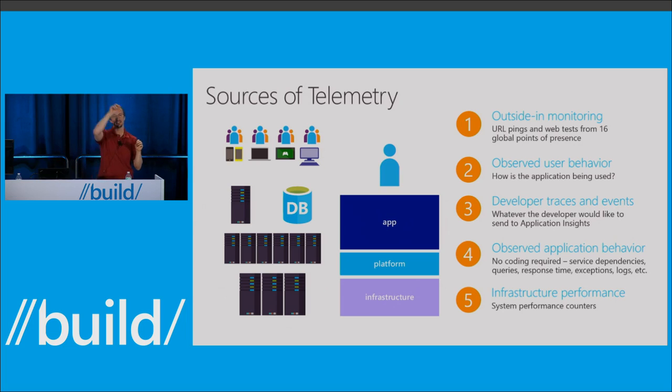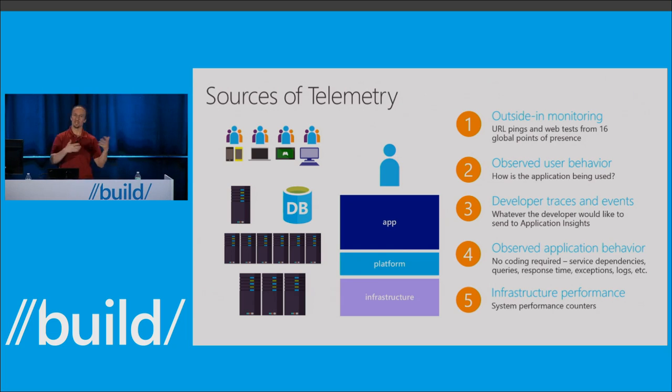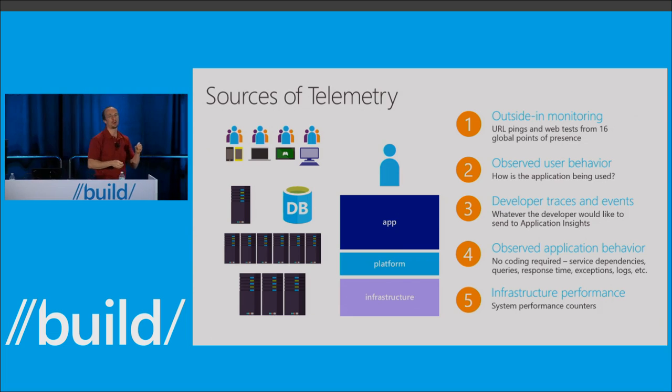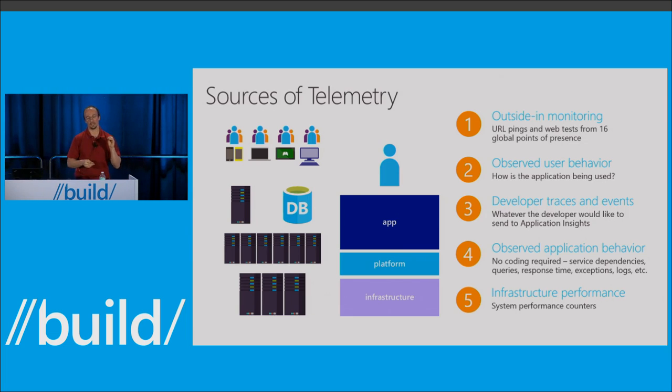And we have 18 points of presence around the globe that you can execute your ping. If you're familiar with, let's say, Keynote, Gomez, Pingdom, that would be the similar scenario. What we do, however, we execute not just a simple ping, we execute a Visual Studio web test. So you can record multi-step transactions and run it from multiple points of presence.